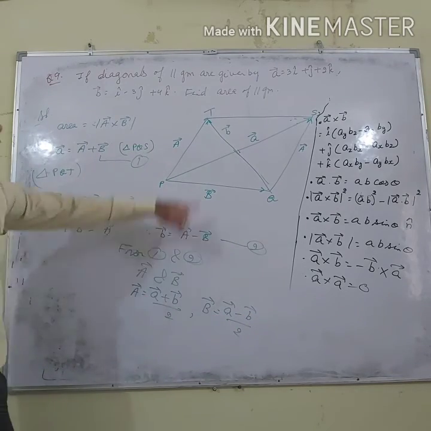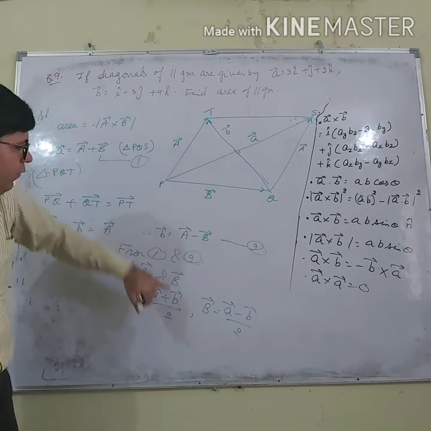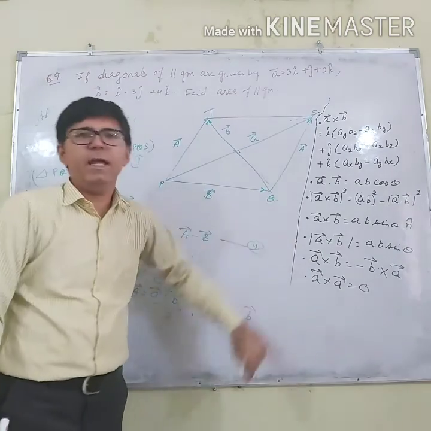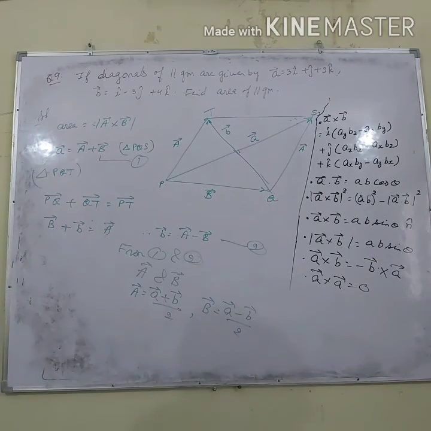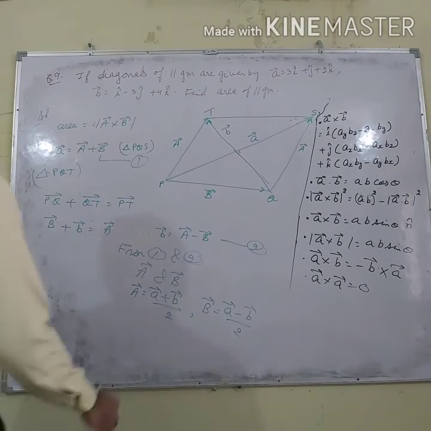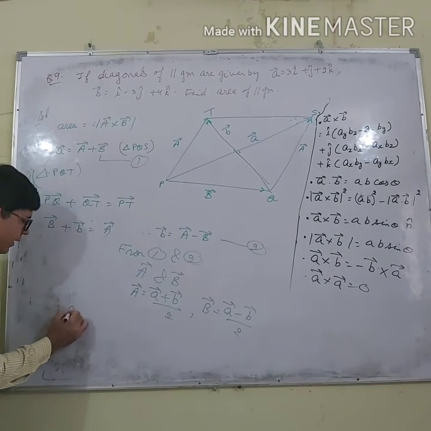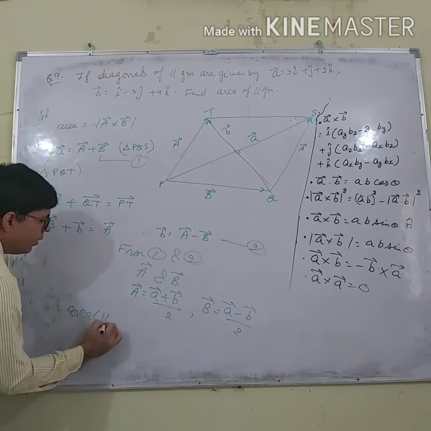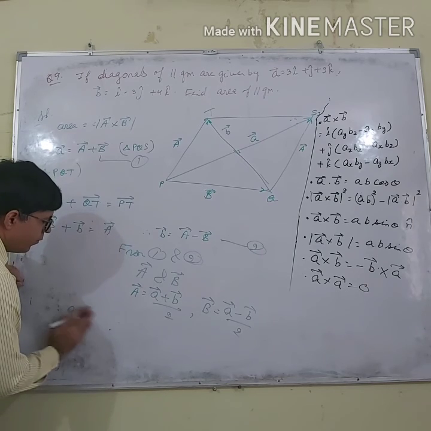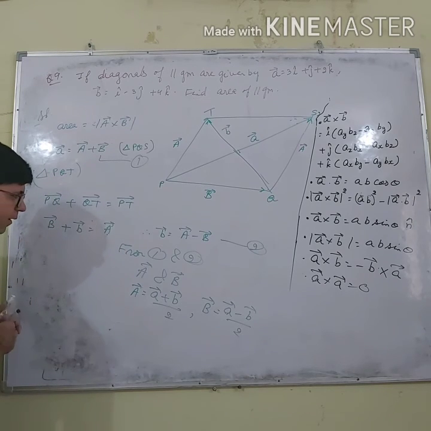Now you can put in the values of vector a and vector b to get vector A and vector B, and hence you can find the area of the parallelogram. Now, what is the area?